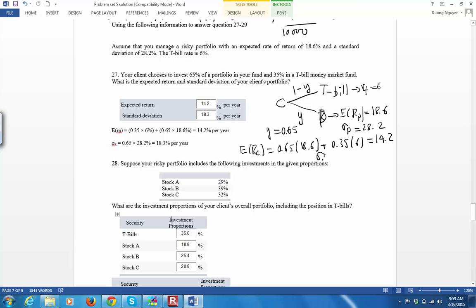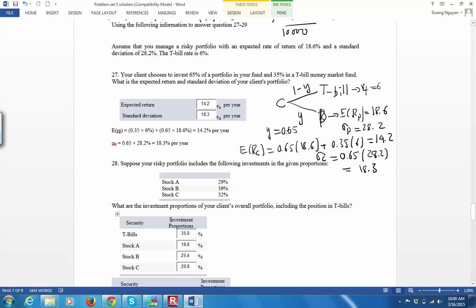And sigma C is equal to y, 0.65, times sigma P, which is 28.2, and this is equal to 18.3. So if you choose to invest 65% into portfolio P, your return would be 14.2 and your risk would be 18.3%, standard deviation.